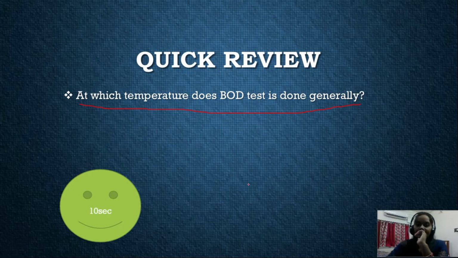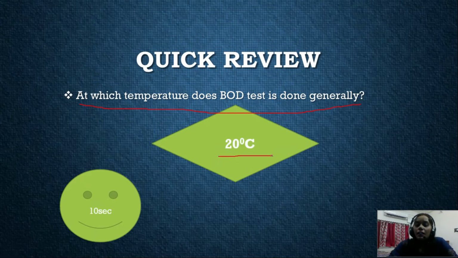Yeah, your time is over, and you are absolutely right, students. We generally do the BOD reaction at 20 degrees centigrade for 5 days and in a dark place. What we should do is collect the wastewater sample, dilute it, and keep it in the dark place for 5 days at 20 degrees centigrade, and after that the reaction will be completed, or it may not be.